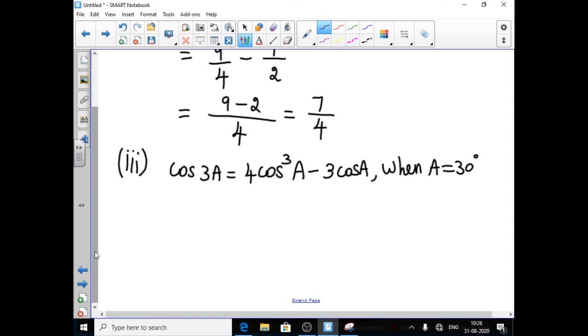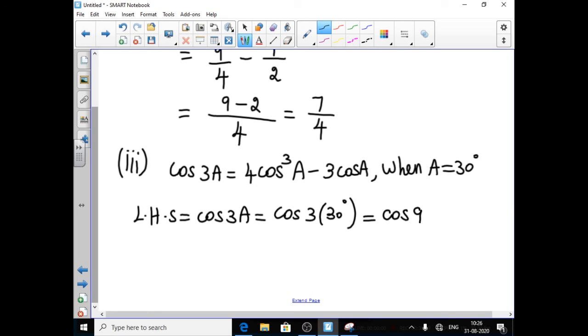So if you apply the A value 30 degree, what do you get on the left hand side? LHS is equal to cos 3A. So that means cos 3 into the A value, which is 30 degree. 3 into 30 you will get 90 degree. So therefore cos 90 degree. This is the LHS value. Then the RHS value.